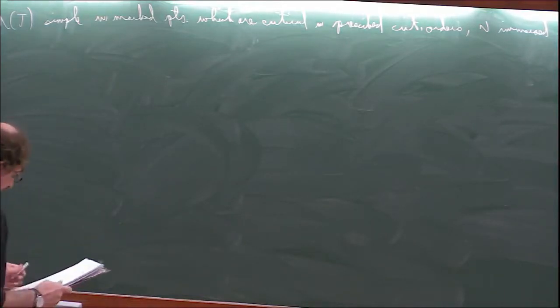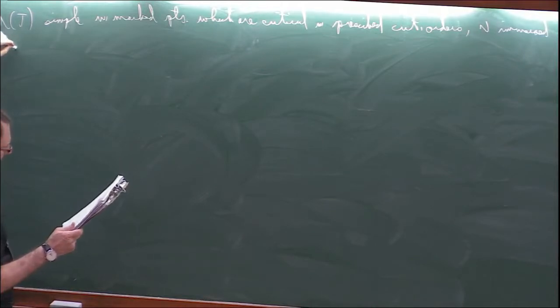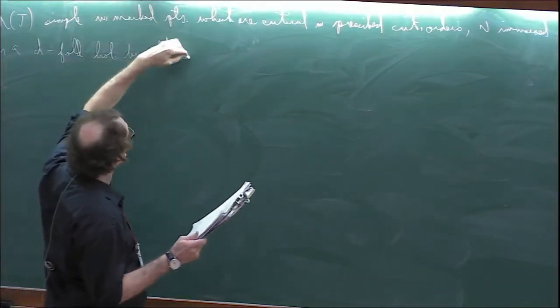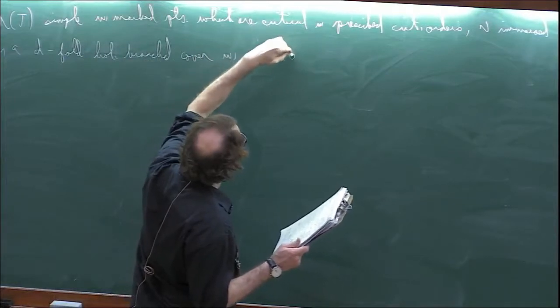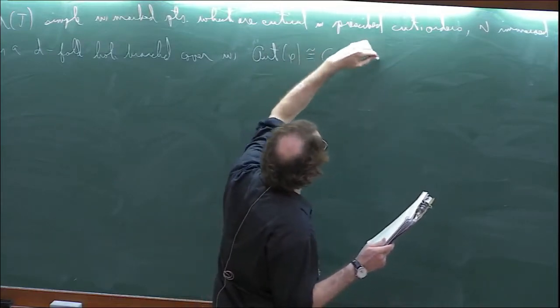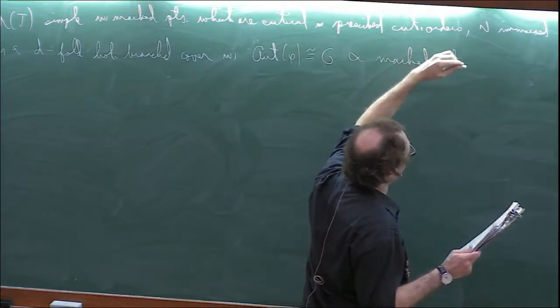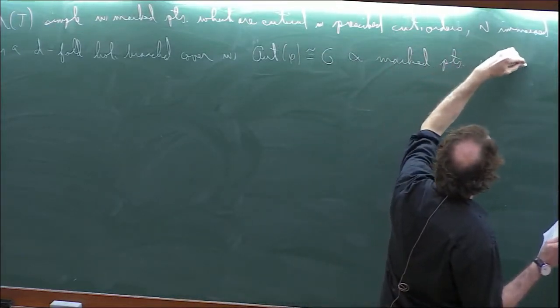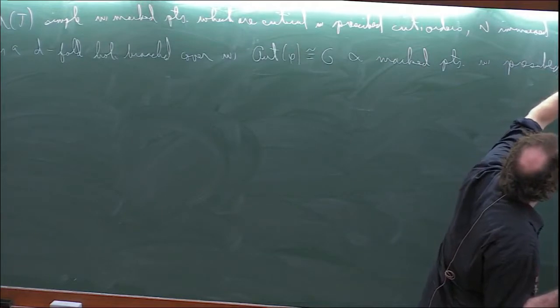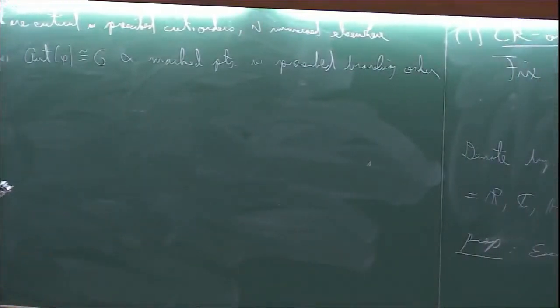Phi, I'm going to do something similar with that. That's going to be a d-fold holomorphic branched cover with automorphism group isomorphic to G, and also marked points, which is where the branch points are, each with a prescribed branching order, and also a prescribed number of critical values, and no other branch points.